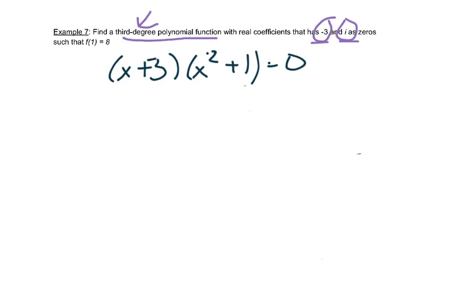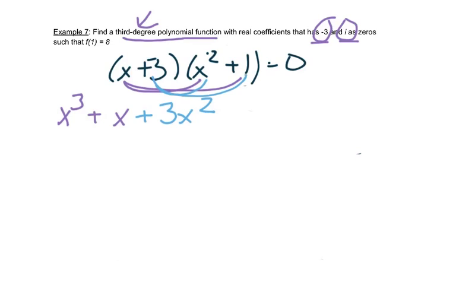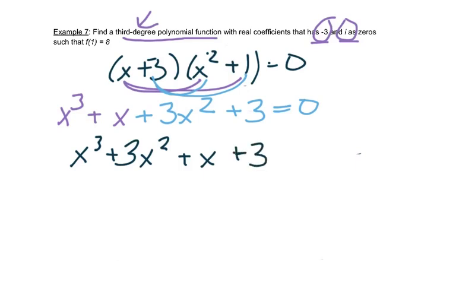Okay, now we need to multiply these together. So I'll start with x times x squared is x cubed. x times 1 is x. 3 times x squared is 3x squared. And then 3 times 1 is 3. So let's put that in the right order. We would have x cubed plus 3x squared plus x plus 3.